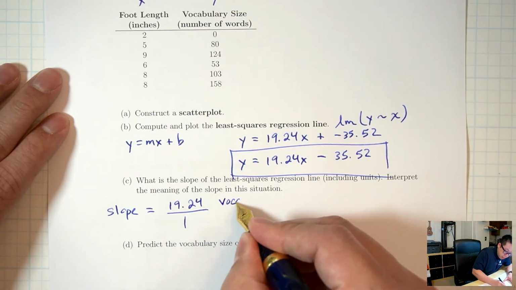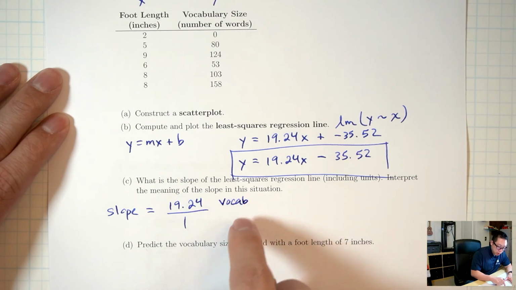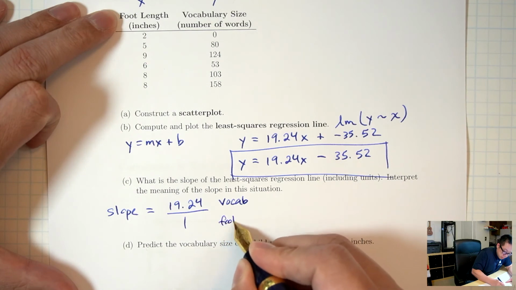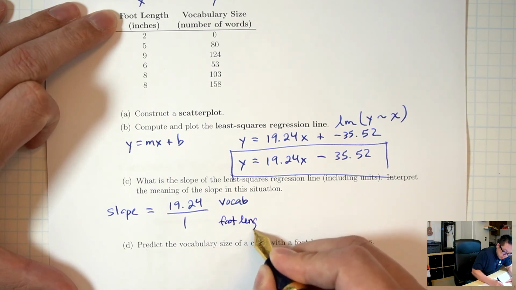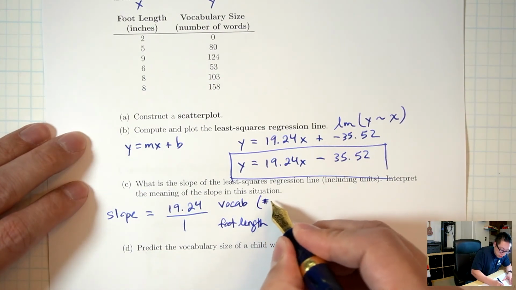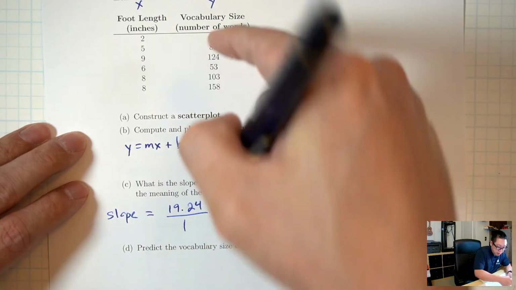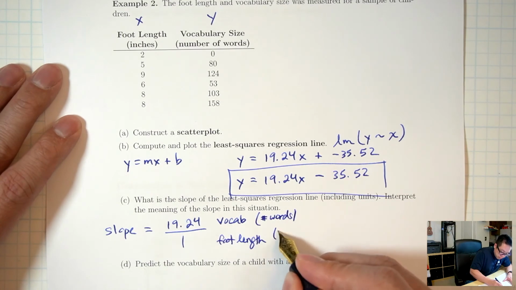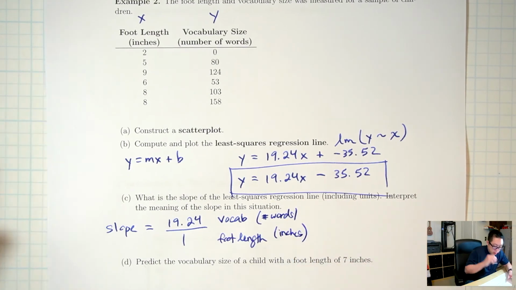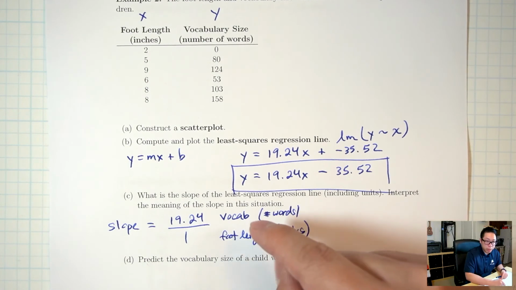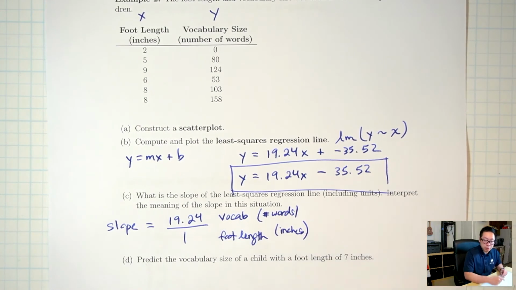I'm just going to call it vocab. So that's the y units over the x units, which is foot length. You can also say number of words, since that's actually the units for the y. And then for the bottom, it's inches. Okay, y units over x units, and the reason is because slope is rise over run. Rise is the up-down, which is the y, and run is left-right, which is the x.